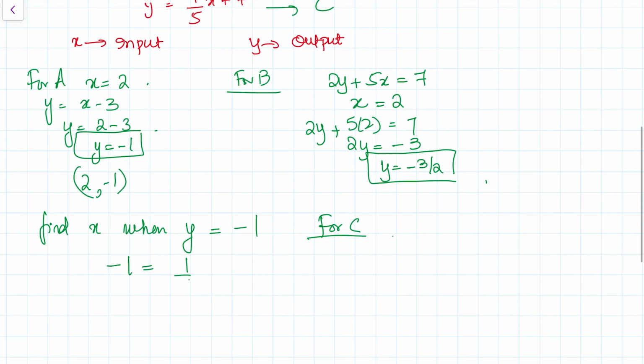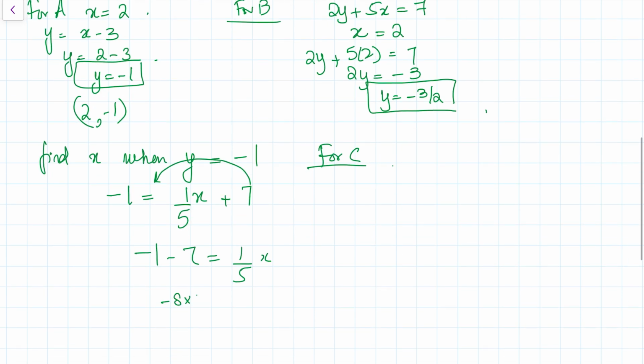Minus 1 equals, this goes on the other side and becomes minus 7. Minus 8 into 5 is minus 40. So the input is minus 40, where we're getting the output of minus 1.